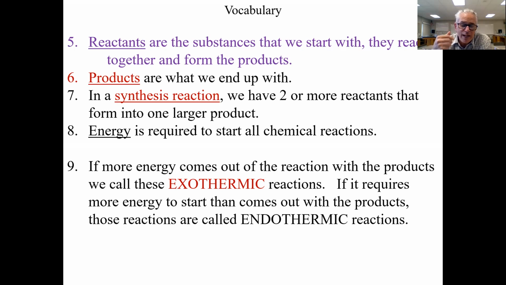Now, if a reaction releases more energy than it takes in, like it's going to take some energy to start it, but if it gives back more energy than it took to start, we call that exothermic. More energy is on the product side. But some reactions, and we'll see some of them later on, not today, if it takes more energy to get started, but then the beaker or wherever that reaction's happening gets colder, it's absorbing energy.